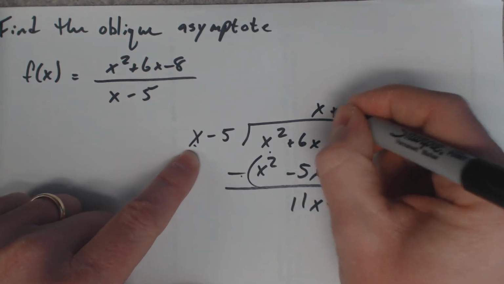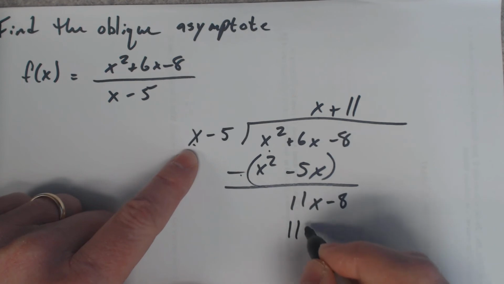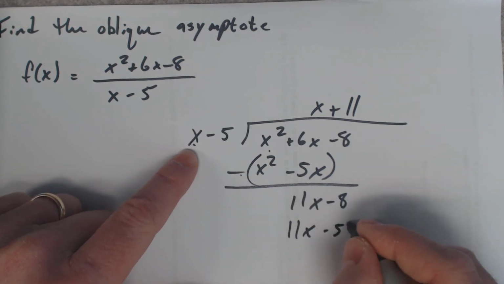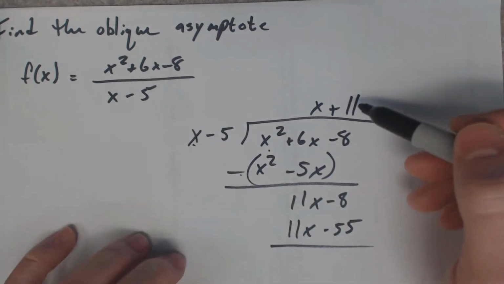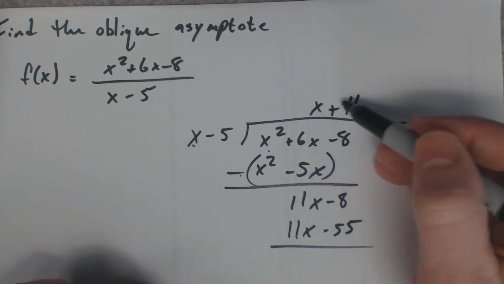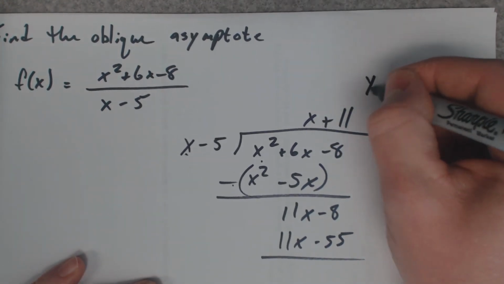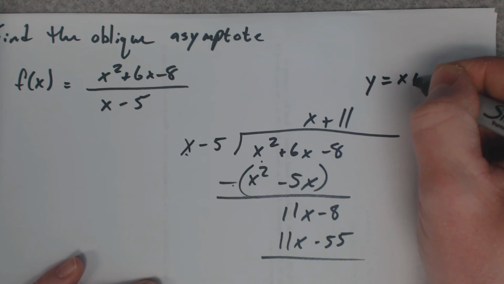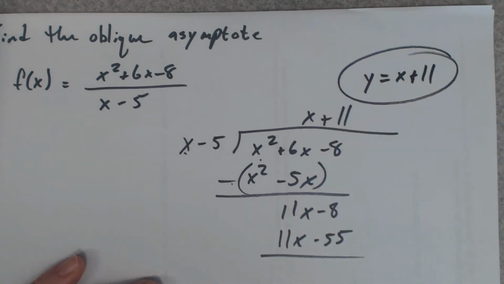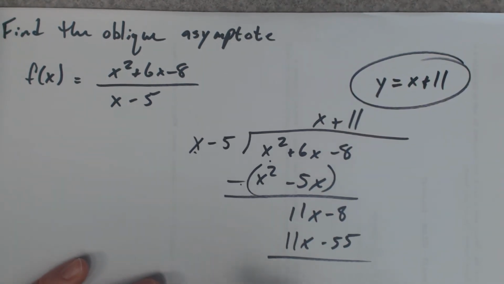And then you get positive 11. Remainder doesn't matter here. Once you get these two terms on top, then you're done. It has to be linear. You say y equals x plus 11. That's your oblique asymptote, if the top is bigger by 1.